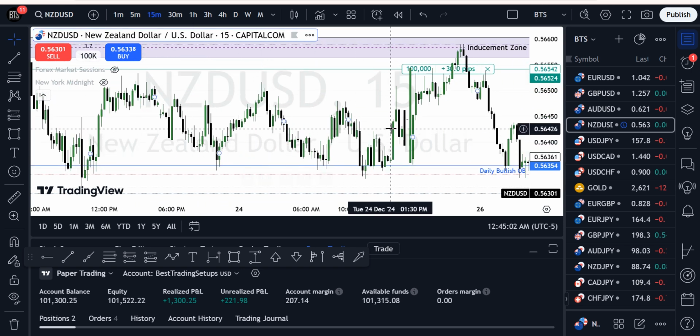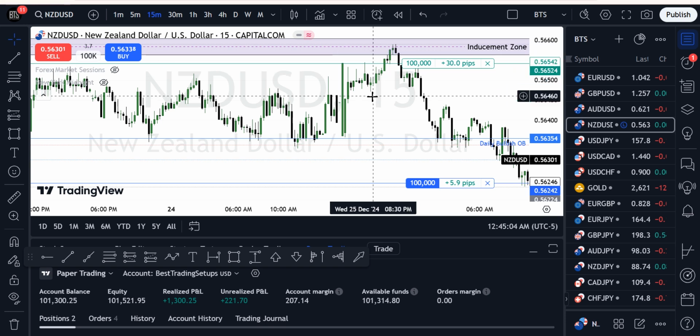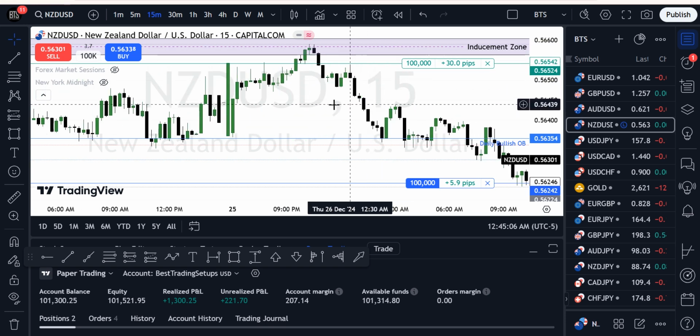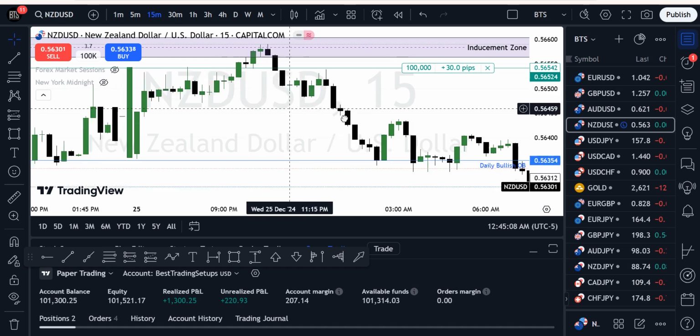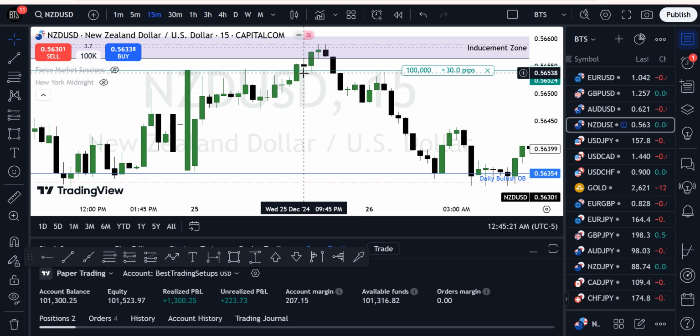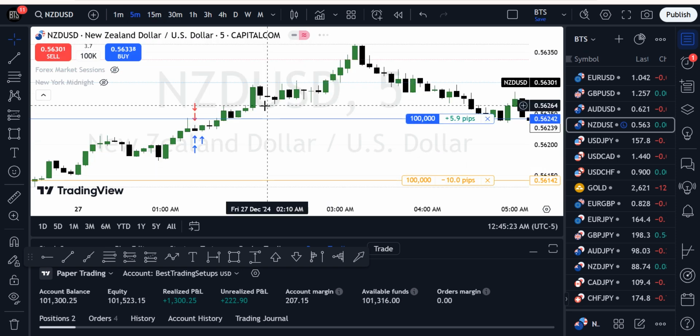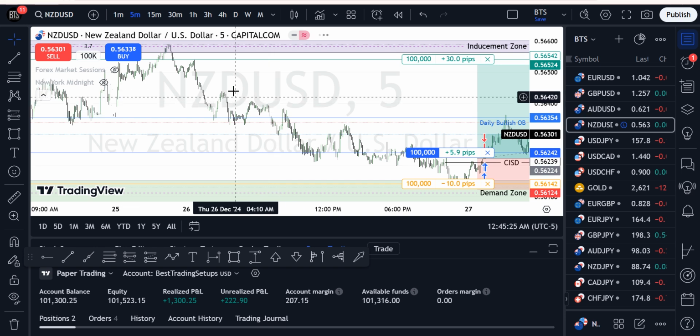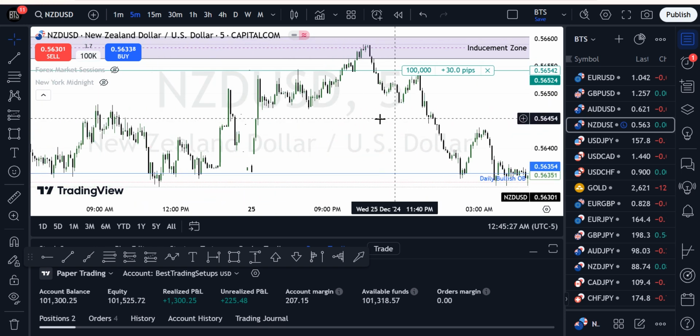Price consolidated, then we had an extra leg that came up. Right before we got to this top, we had a series of up close candles. As you can see, right here is a bearish candle. For me, preferably, I like to see a series of bullish candles, three in a series.